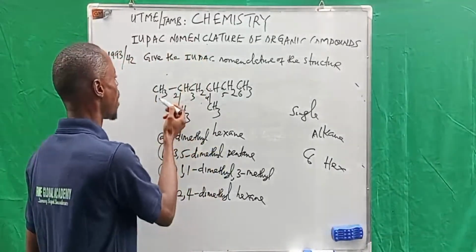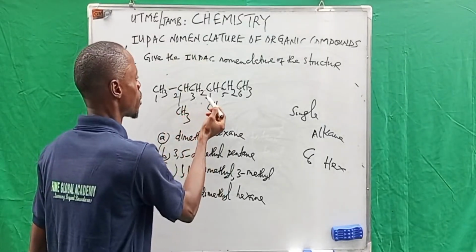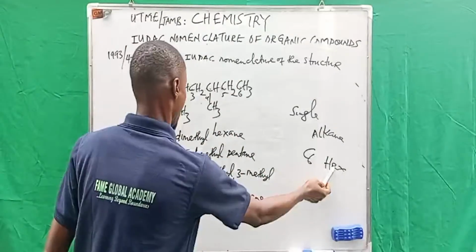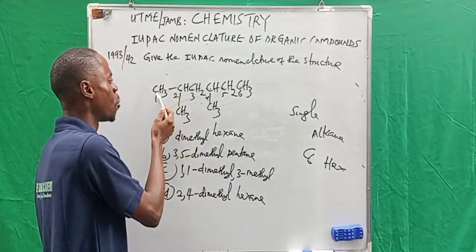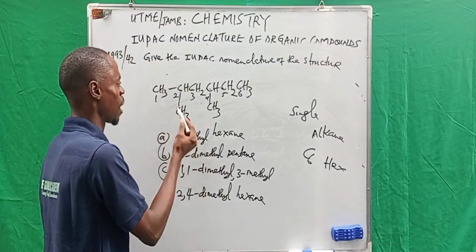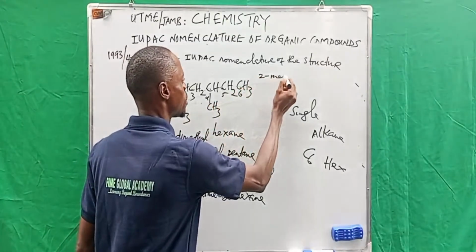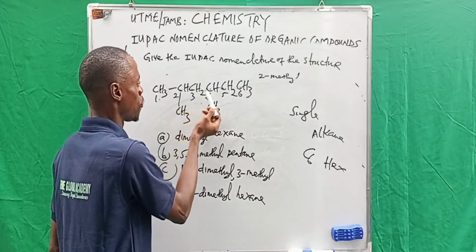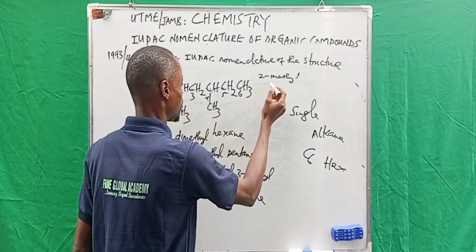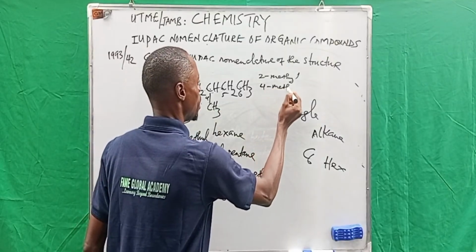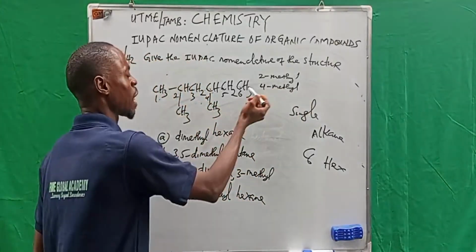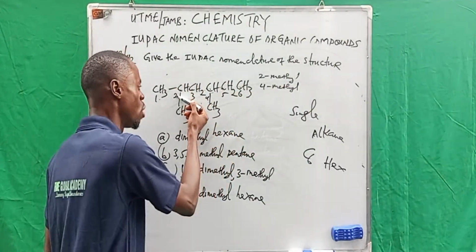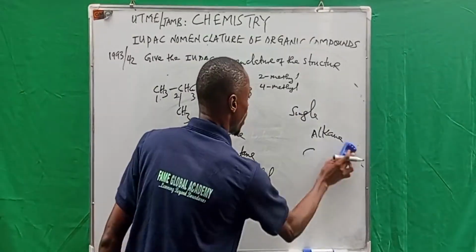And let's look at this now. So we have 1, 2, 3, 4, 5, 6. Six carbon is what? Hex, like I just said. But at carbon atom 2, there's a methyl. Then at carbon atom 4, there's another methyl. So how do you write this? Because it appeared twice, but in two different positions, carbon atom 2 and carbon atom 4, how do you go about writing the name now?